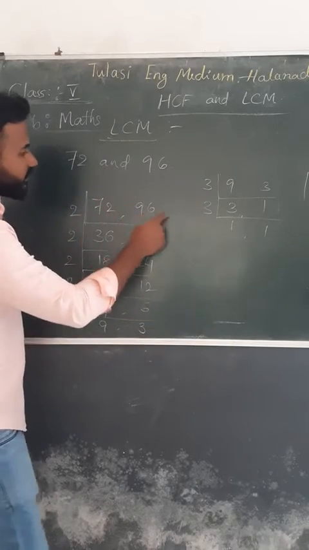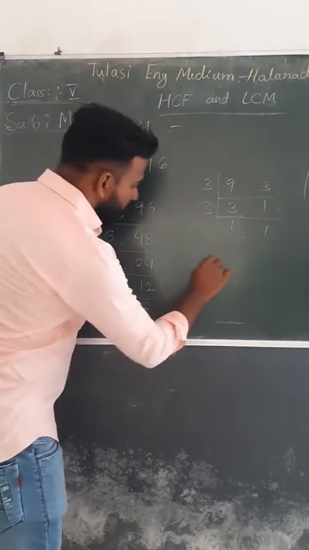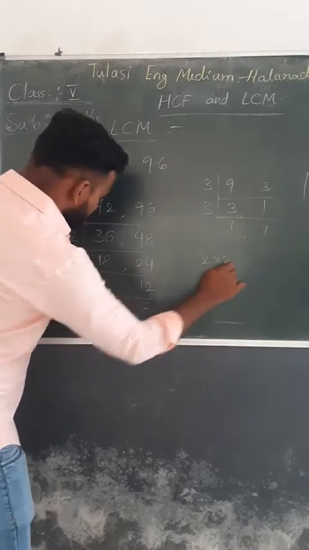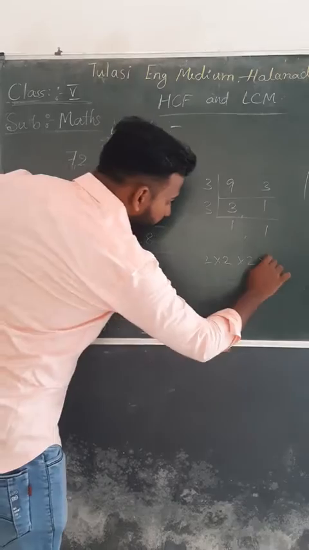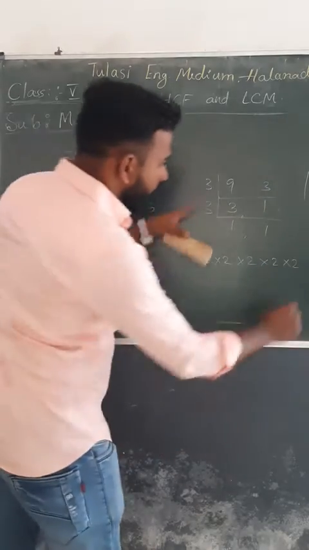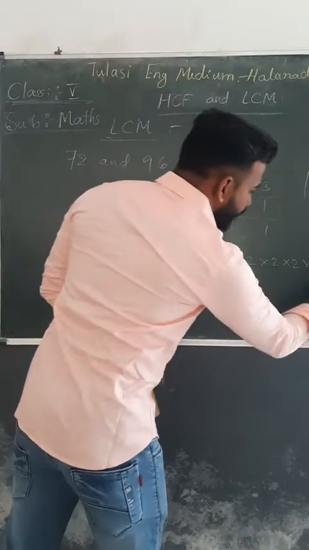So LCM of 72 and 96: 2 into 2, again 2, 3 into 3.